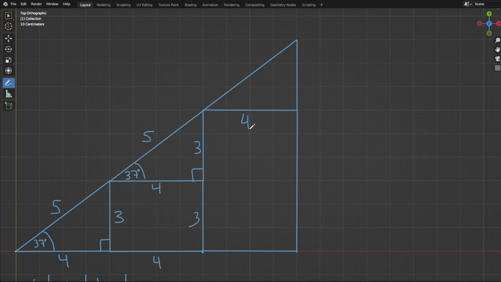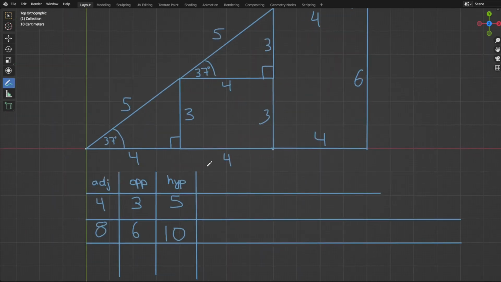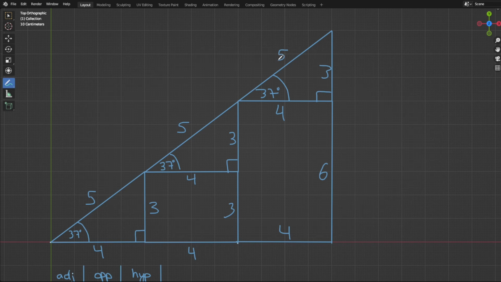It's the 4, the 3 here, and this one's 6 though, and then this side's 4. It's another right triangle on top, and this is 37 degrees. And notice that even this middle-sized triangle shares the same 37 degrees, and the big triangle is still sharing the 37 degrees. So here's another 5 length.